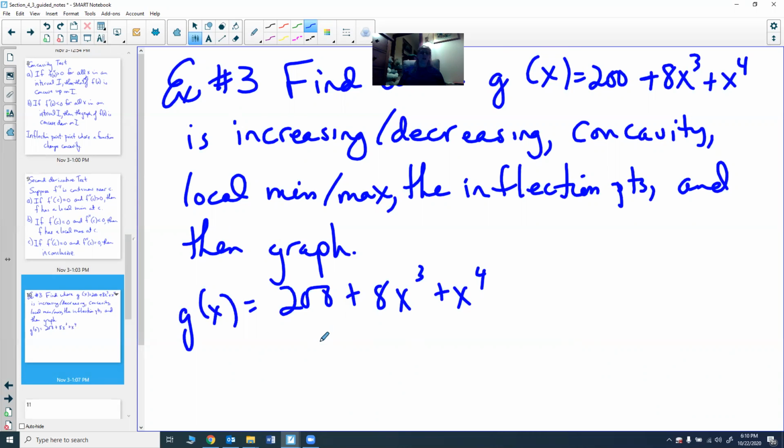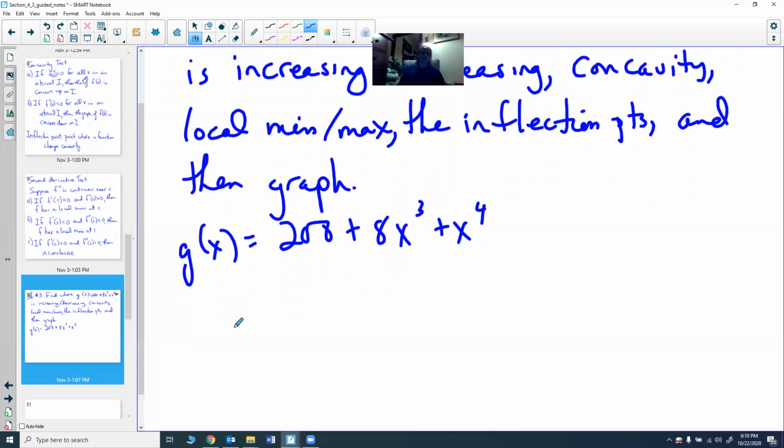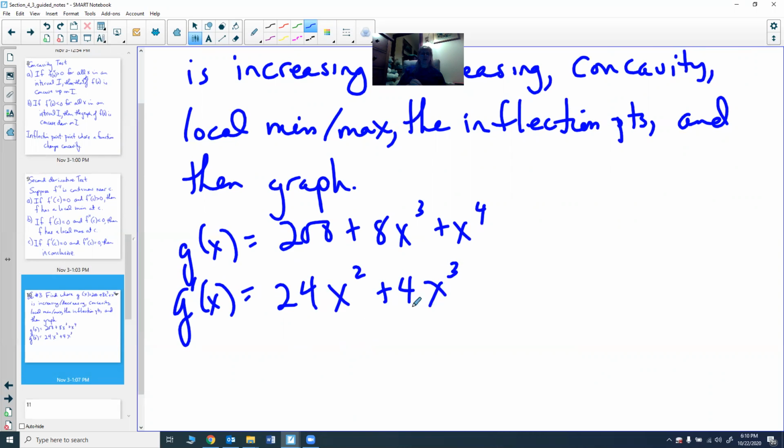So if we want to find out all this information, we need to have some derivatives. So let's find the first derivative. The first derivative would be 24x squared plus 4x cubed. We then need to set that equal to 0 to find the critical points. So let's go ahead and do that.